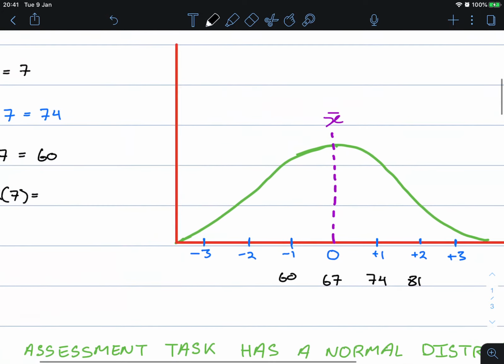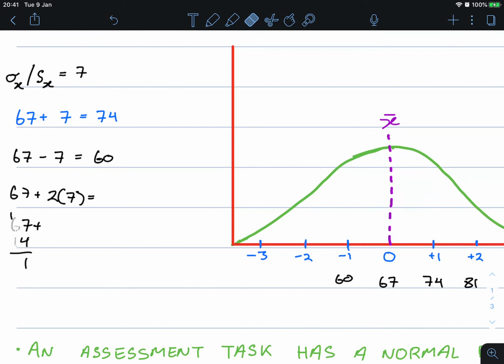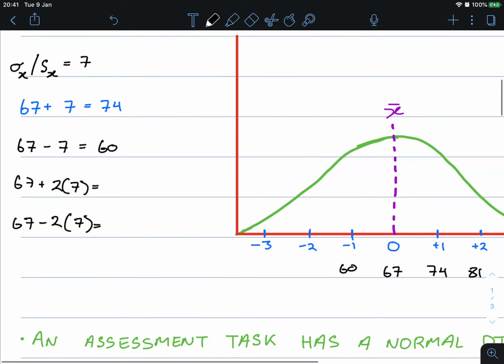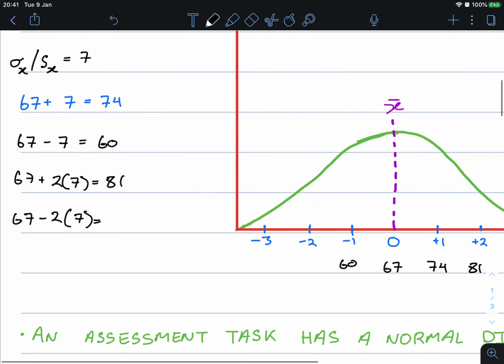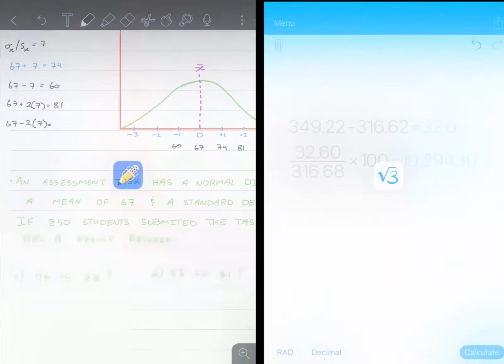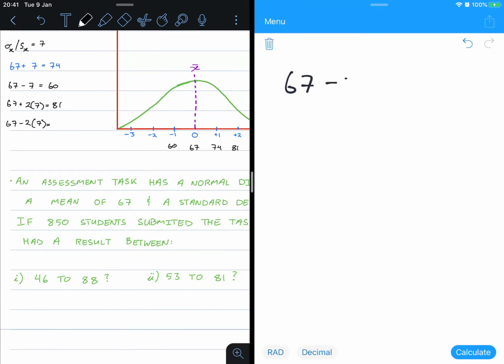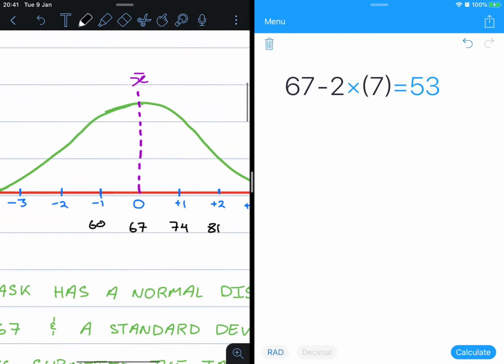And if we want to do 67 minus 2 lots of the standard deviation, 67 take away 14, take away 2 times 7, that's 53.